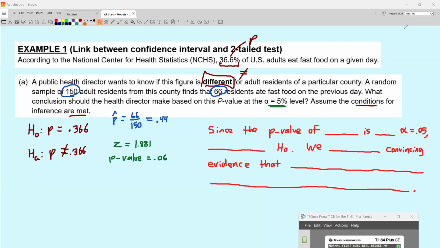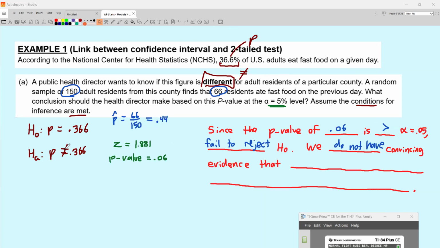Let's look at this template that I made. So since the p-value, what is our p-value? Well, it's going to be, in this case, 0.06. Because that number is greater than alpha, in this case we're going to fail to reject the null hypothesis. We do not have enough evidence. And after the convincing evidence, we want to make sure that we talk about the alternative in context.